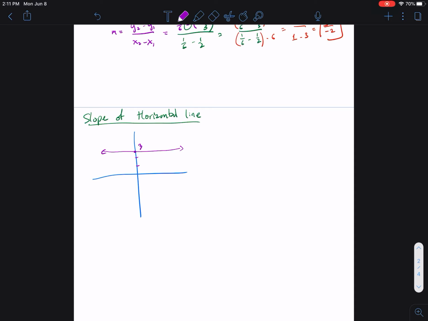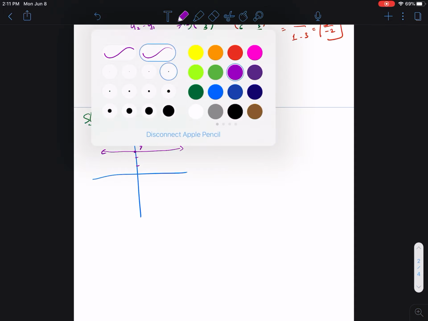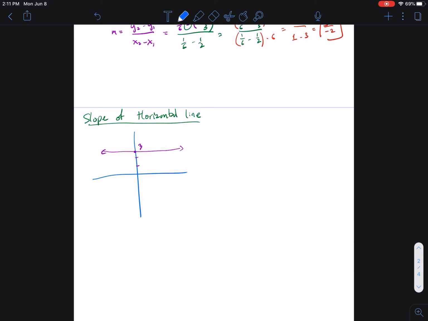So if you look at this line, this is a flat line, so there's no steepness in there, right? So you can say, no steepness. So if the line is flat and there's no steepness, we can look at that as no slope, or we can say 0 slope. Or in other words, m is equal to 0.